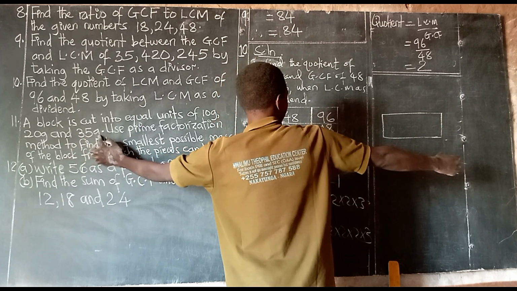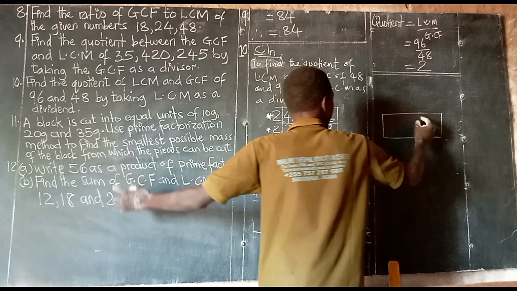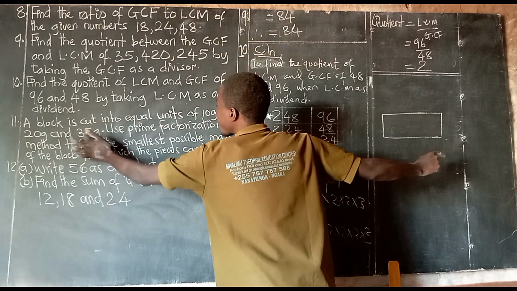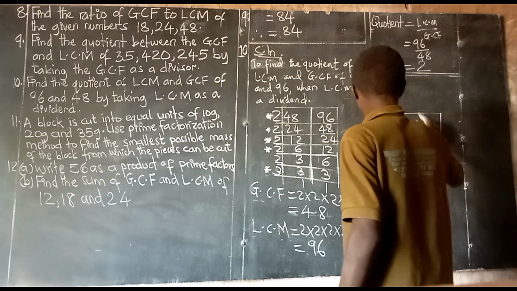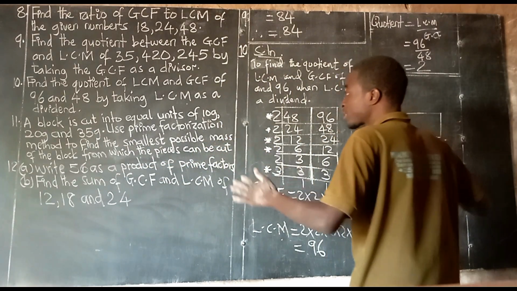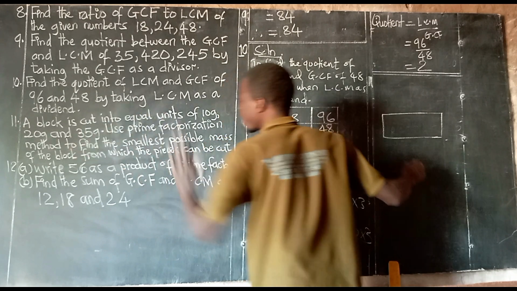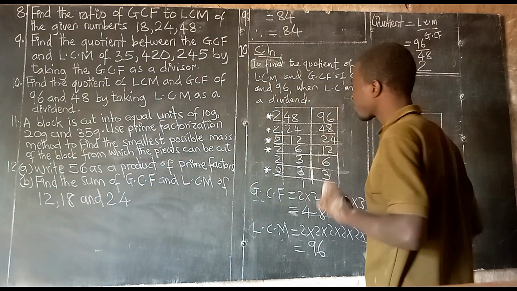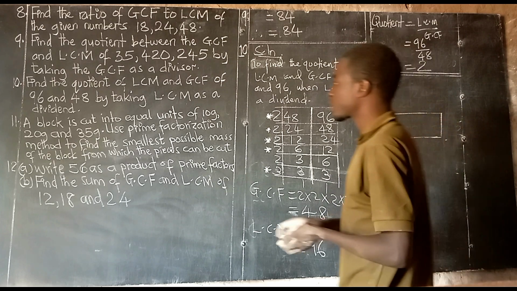If the block has a mass less than 35, it will not be possible to divide it into pieces, each with 35 gram. Now an idea becomes that the block should have a mass greater than 35 gram.